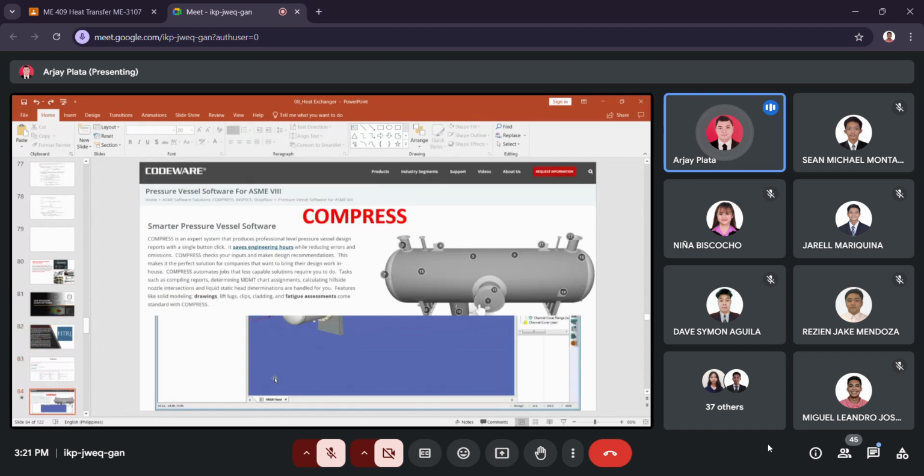Another software is Compress. It is common in industries. The purpose of this software is to calculate the strength of the shell based on ASME standard. We will provide some fatigue assessments here.